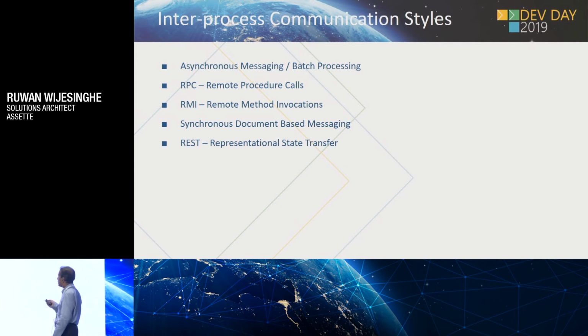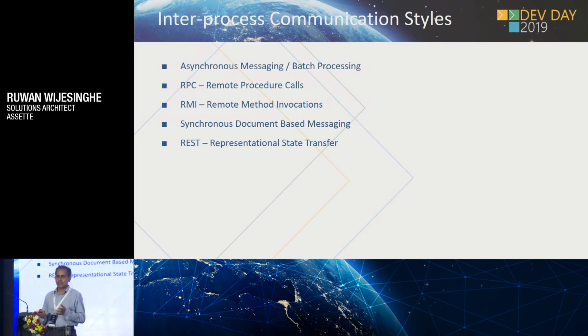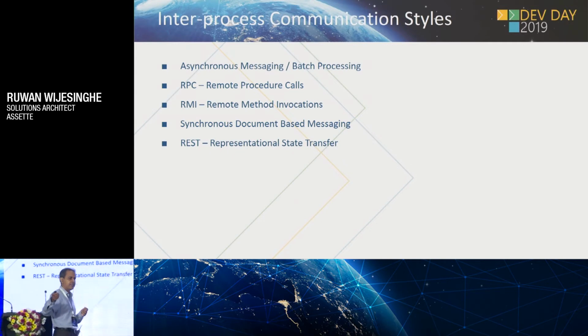Then they started something called remote procedure calls, so RPC, right? Where you call a method in a local stub class or object, and that method will in turn invoke a method in the remote system.